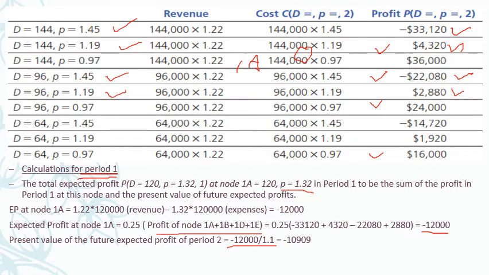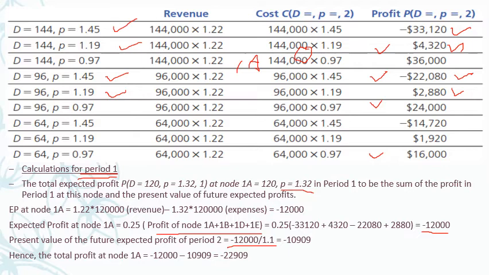So now finally, what is the actual profit at node 1A? The actual profit at node 1A is the present expected profit plus the present value of the future expected profit. I hope it's clear.